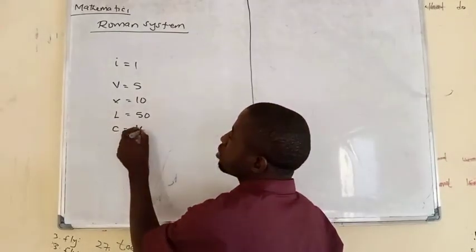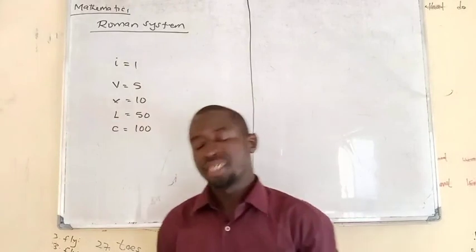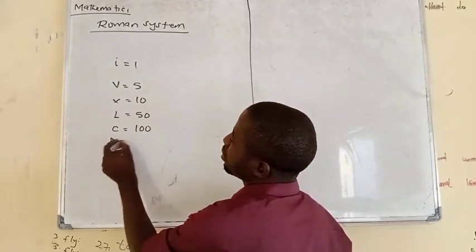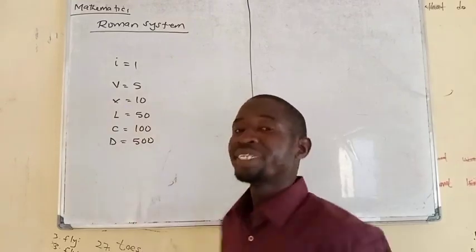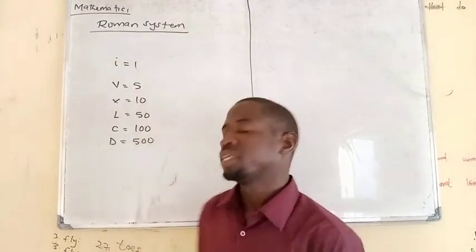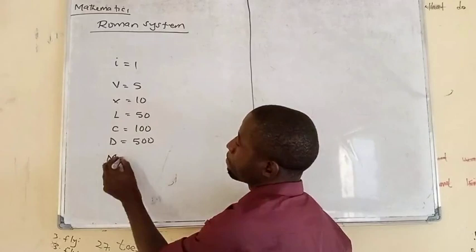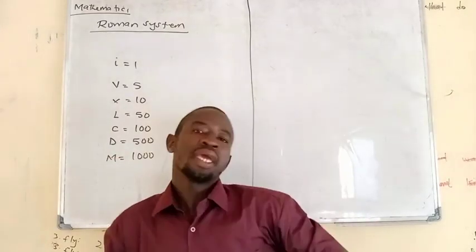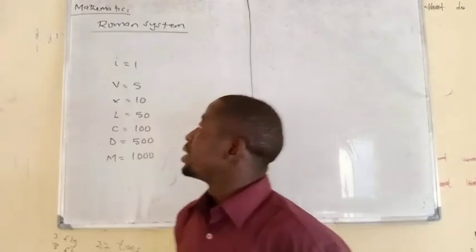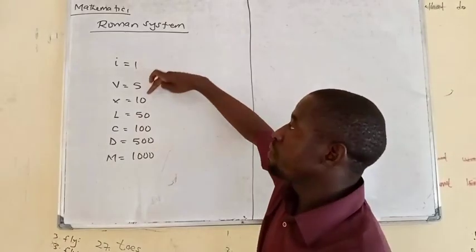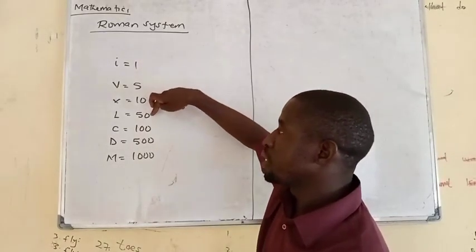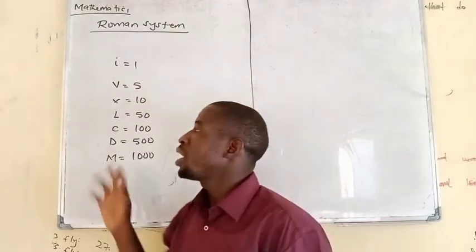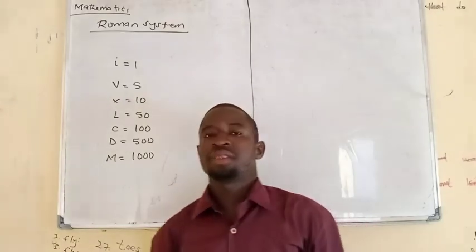Letter C means 100. Then letter D means 500. Then M is nothing but 1000. In this Roman system, these numbers 1, 5, 10, 50, 100, 500, and 1000 have their own special letters.